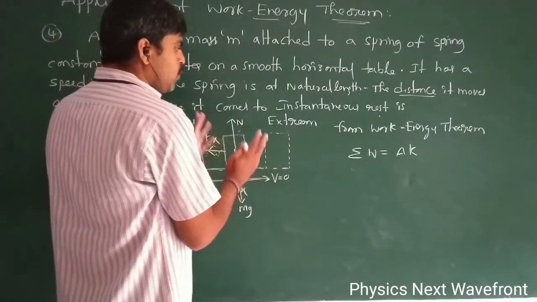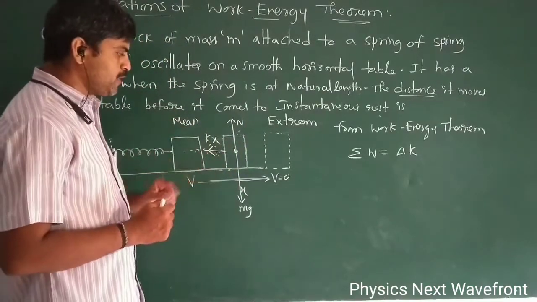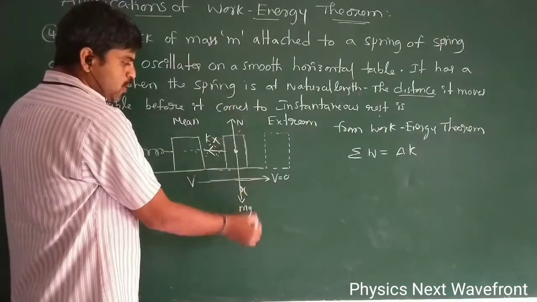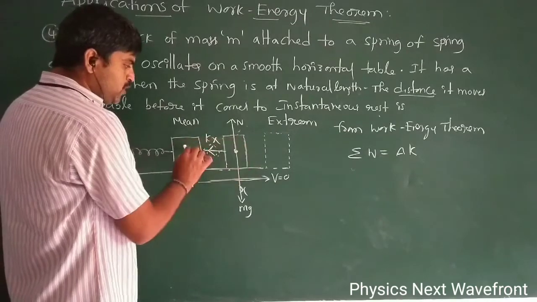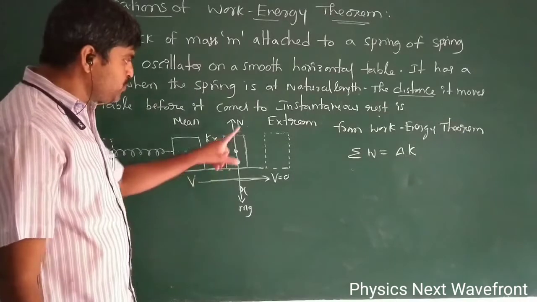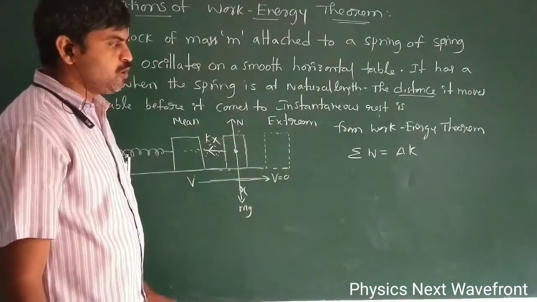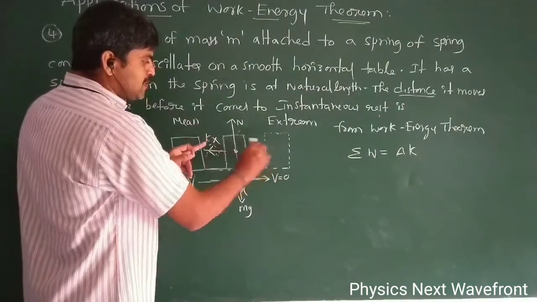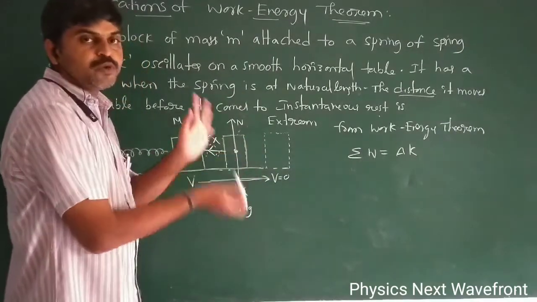So first, the work done due to the net force. What is the net force acting on the block? Here there are three forces: upward, the normal force; downward, mg; and towards the mean position, the spring force, kx. The work done due to N and mg is 0, because the block displaces in the horizontal direction while these forces are vertical.